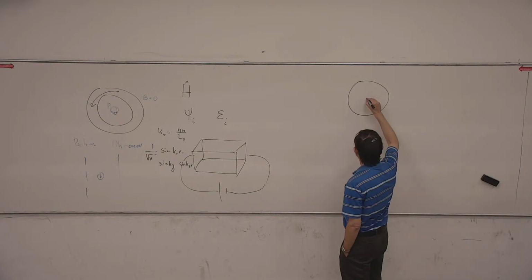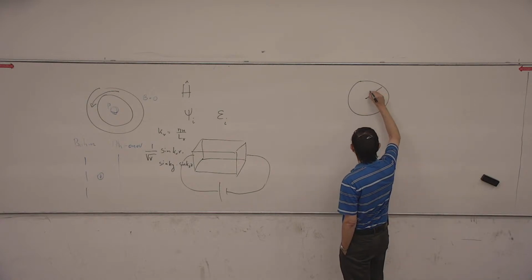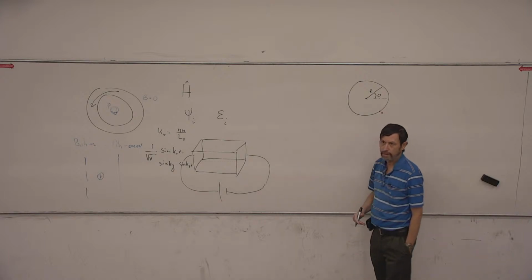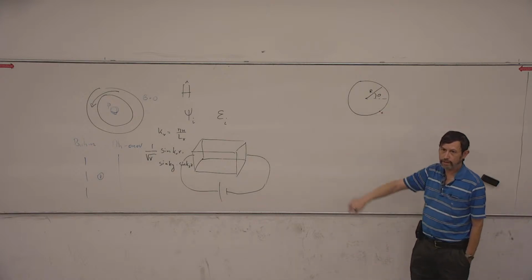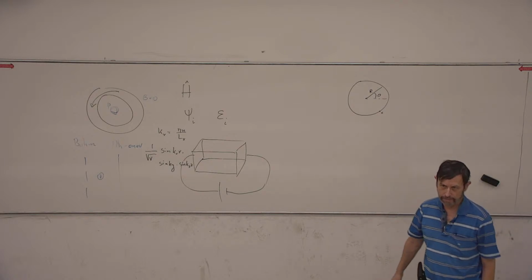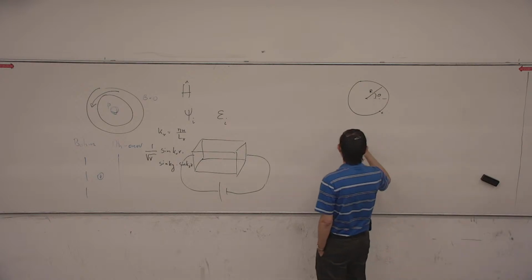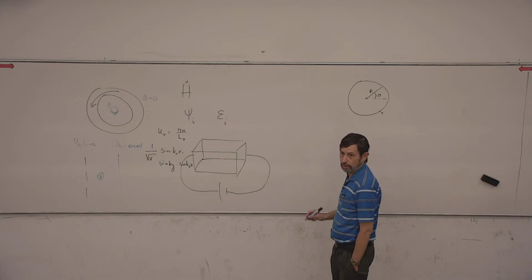Let's call the coordinate on the ring x. Let's write down the Hamiltonian.